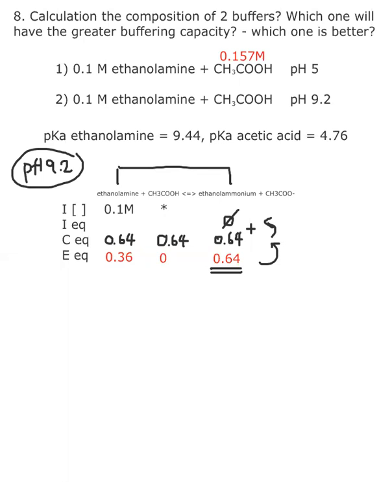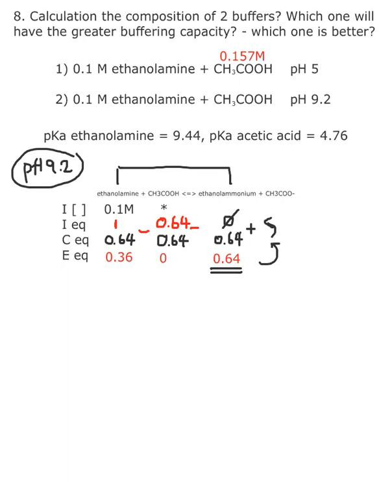So for the initial equivalence line, you would see that we begin with 1 equivalence of ethanolamine, but 0.64 equivalent of acetic acid, right? Because we have to neutralize all of the acetic acid out of the system.